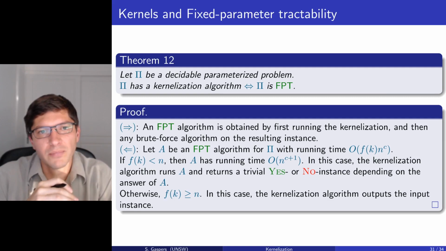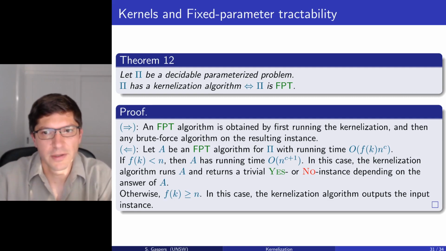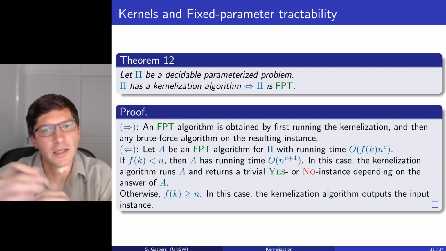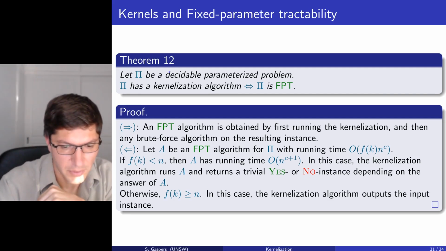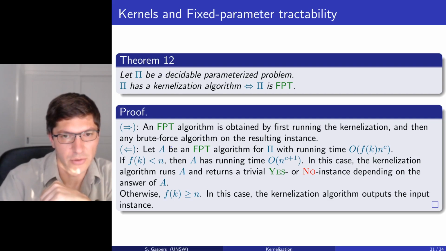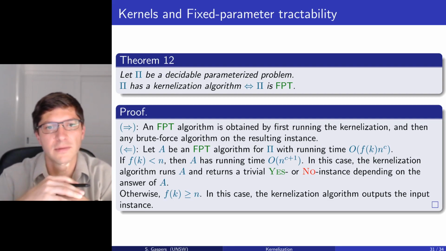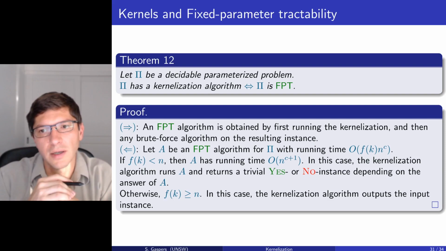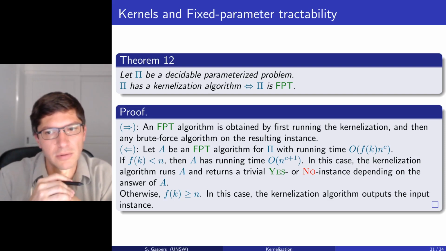If we have a kernelization algorithm, we run it, obtain an instance whose size is bounded by a function of k, and then apply any brute force algorithm to it. Since pi is decidable, there exists an algorithm that solves the resulting instance, so we obtain an FPT algorithm.